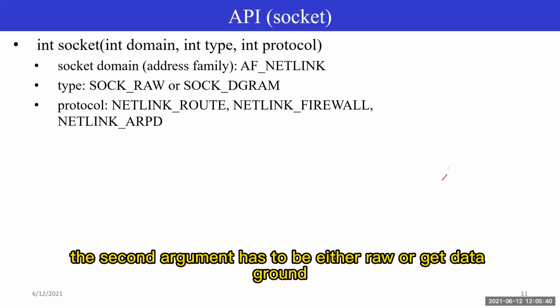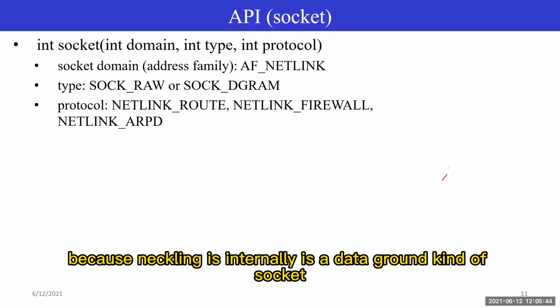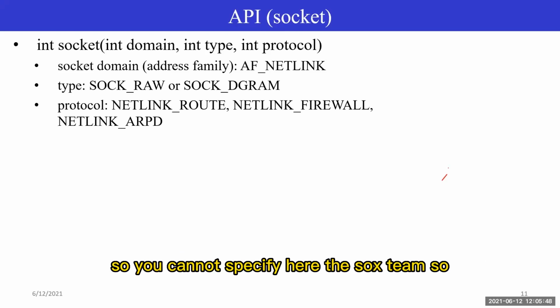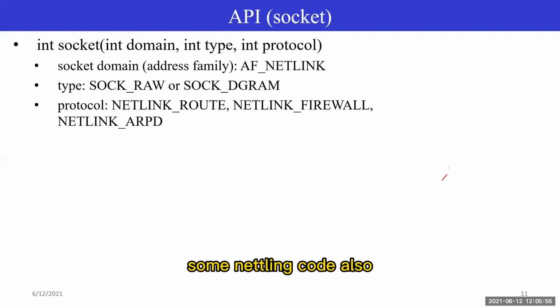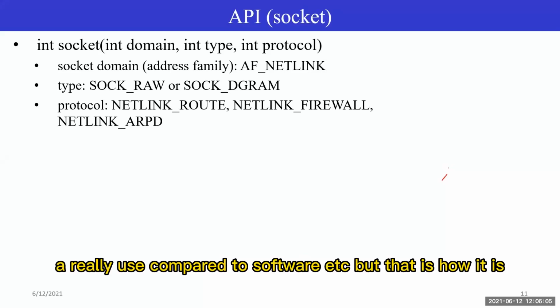The second argument has to be either raw or datagram, because Netlink is internally a datagram kind of socket. So you cannot specify SOCK_STREAM here. Usually, in whatever code I have gone through, or even the Netlink code I have implemented, we usually use this SOCK_RAW option. I do not know why SOCK_RAW is heavily used compared to SOCK_DGRAM, but that is how it is.